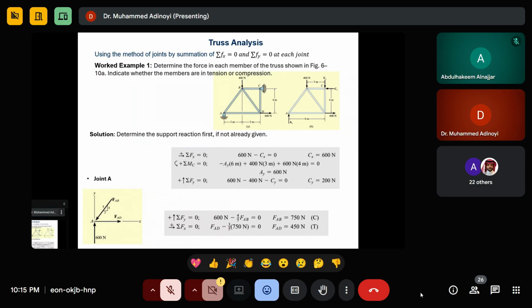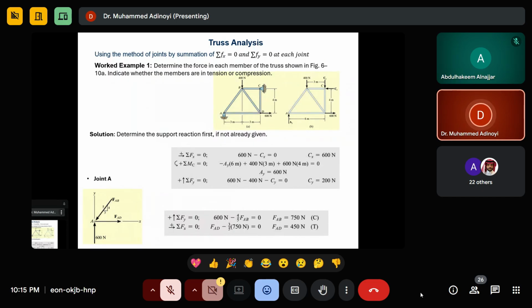By what you said, logic, doctor, below, it is giving 600 Newton, while the B joint is applying 400. B joint? No, don't go to B. Forget about it. That is why we call it the joint method. Joint by joint method.